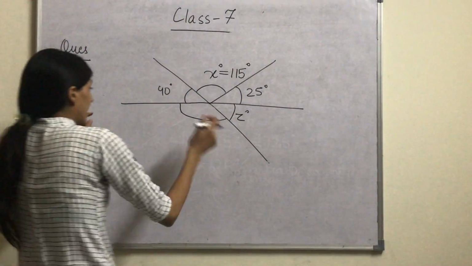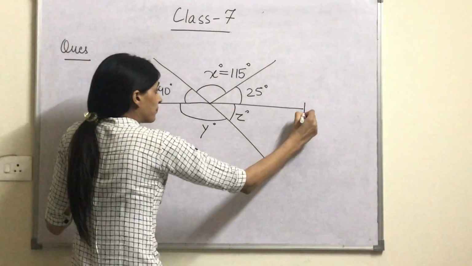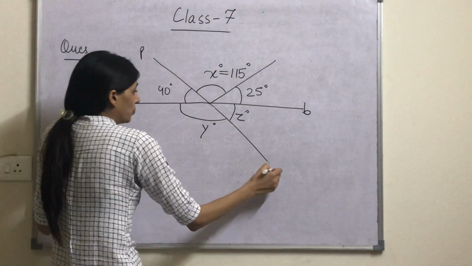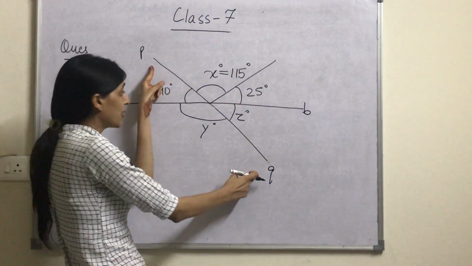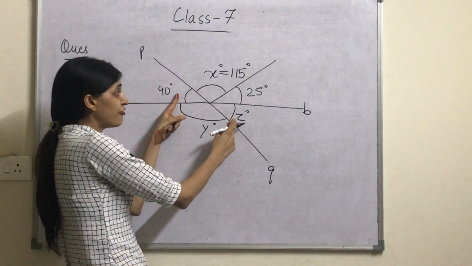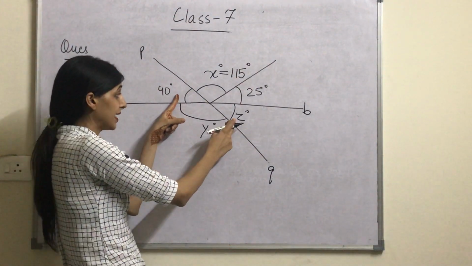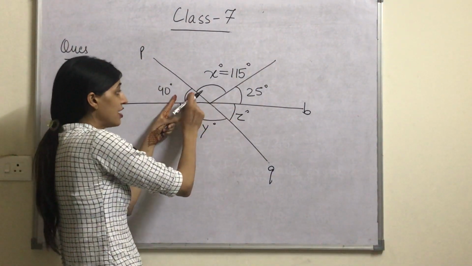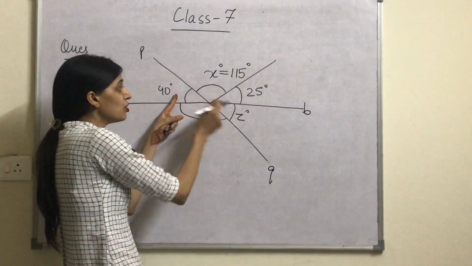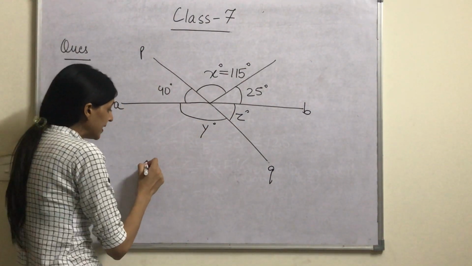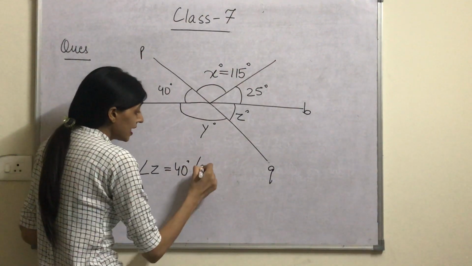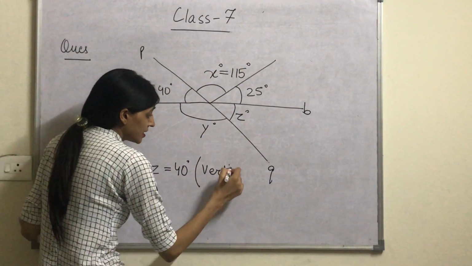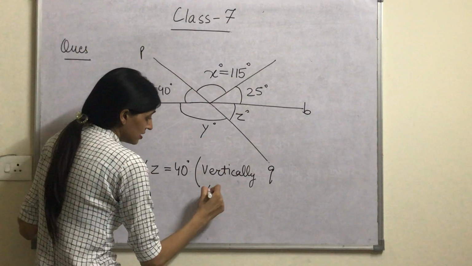A, B, P, Q. These two are the straight lines and these angles are formed by these two straight lines, and these two angles are vertically opposite to each other. That means angle C is also equal to 40 degree, vertically opposite angles.